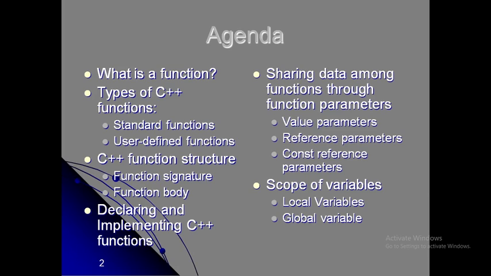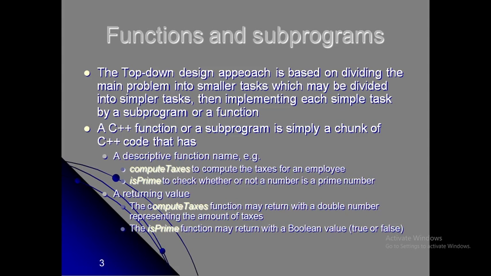And next is the need for functions. What is the need for functions? Why do we have to use functions? Here in C++, the approach of functions is top down design. Top down, from top to down it will approach the program.